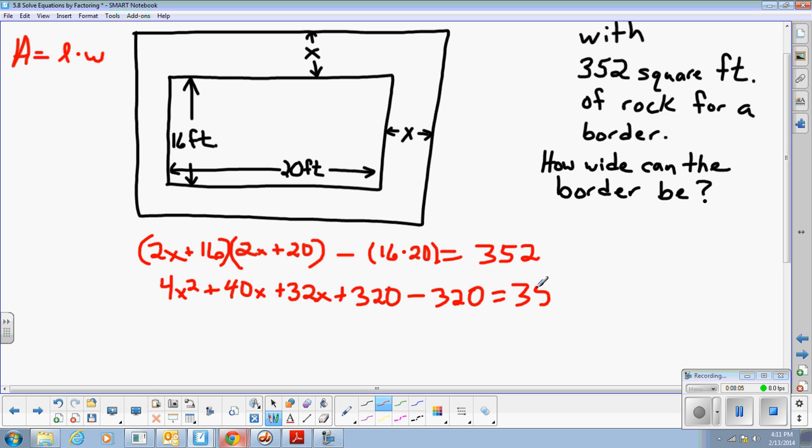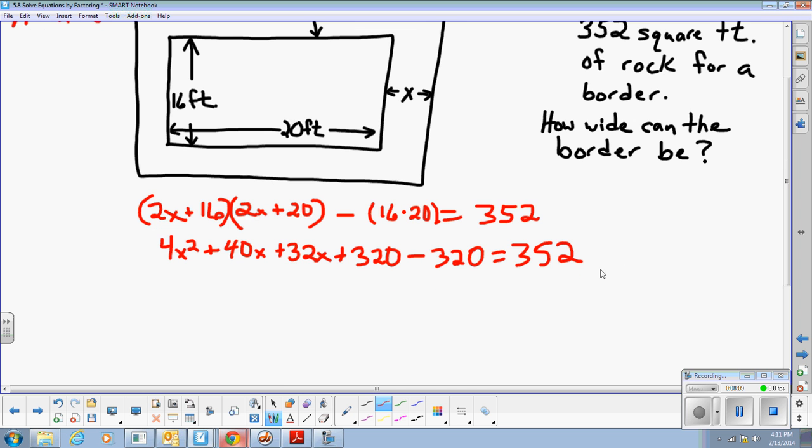I know you're just looking at this going, oh my goodness, there's so much to write out here. Believe me, it's not that bad. You'll get it just fine. Combine your like terms. The 320s are going to cancel, and I'm going to put together the 40x and 32x. So I say 4x squared plus 72x. These cancel. 320 minus 320 is 0.